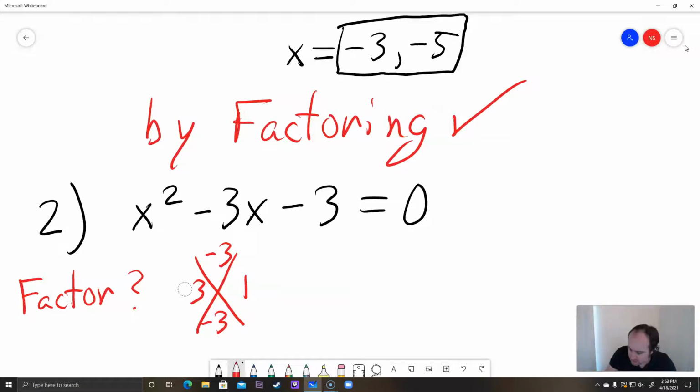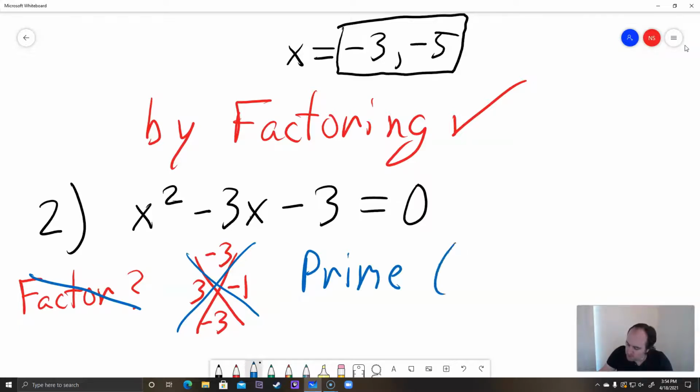And if we do positive 3 and negative 1, then they multiply to negative 3, but they add to positive 2. So either way it doesn't work. So factoring fails here. So this one is prime, cannot be factored.